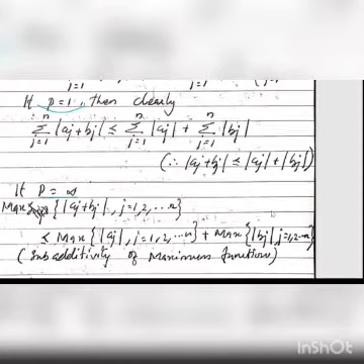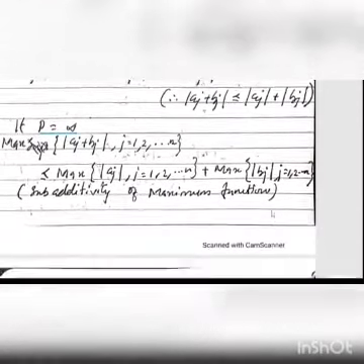Next we want to find whether this inequality holds in the case 1 less than p less than infinity. So we are taking 1 less than p less than infinity. Now the norm of a plus b raised to p is equal to, since we are taking it raised to p, no need of writing raised to 1 by p here, the sum of |a_k plus b_k|^p.